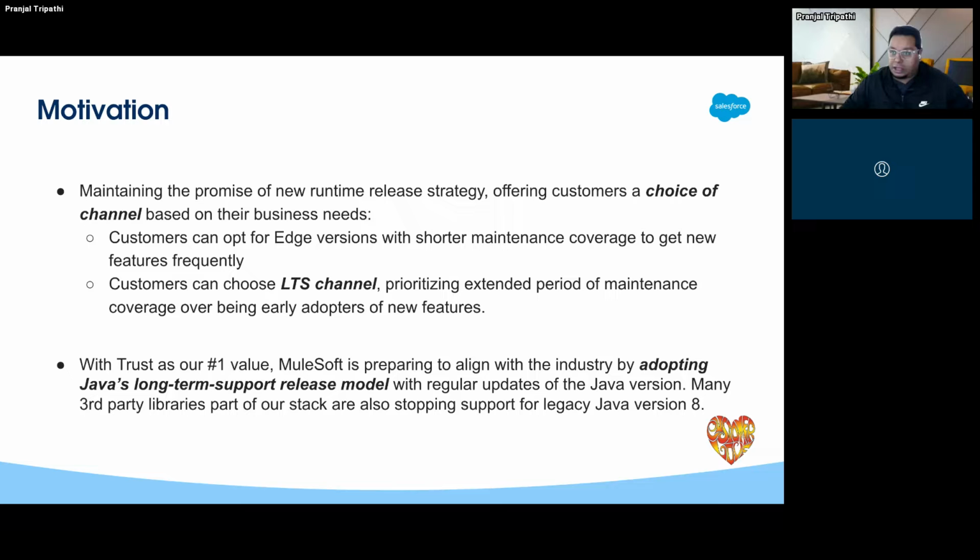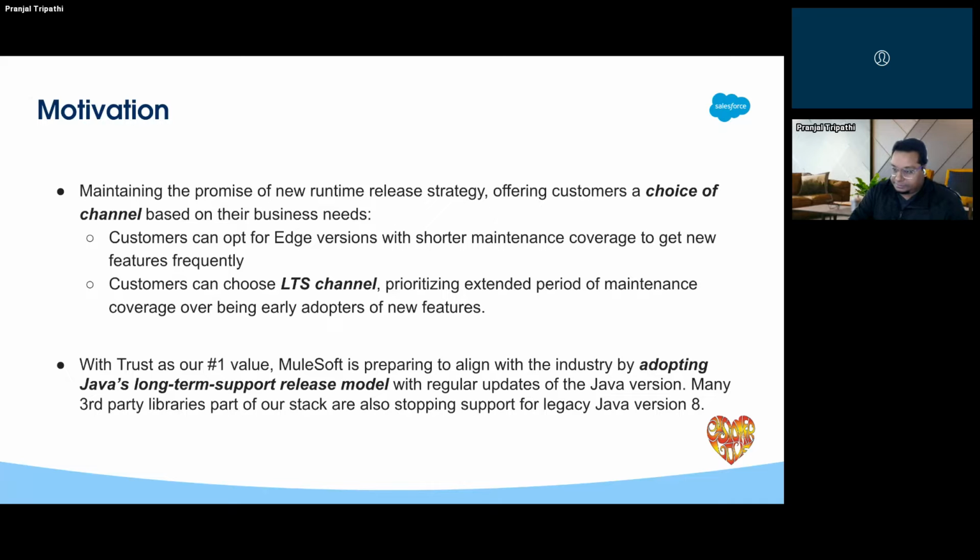There's one more important motivation for 4.6, which is the Java upgrade. Since trust is our number one value, we are aligning our adoption of Java long-term support release models. That's why we wanted to add an upgrade of the Java version in MuleSoft and help customers stay on top of the Java cadence.